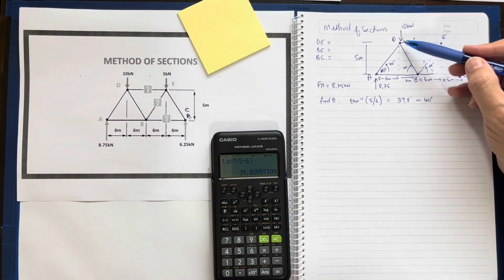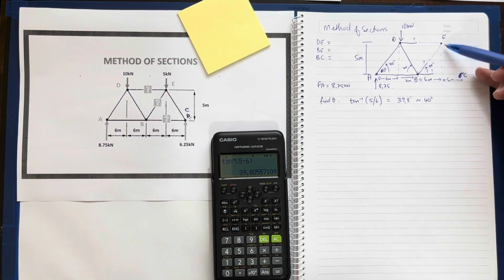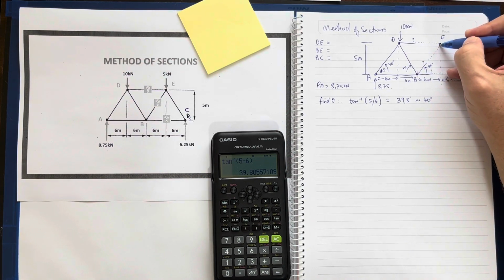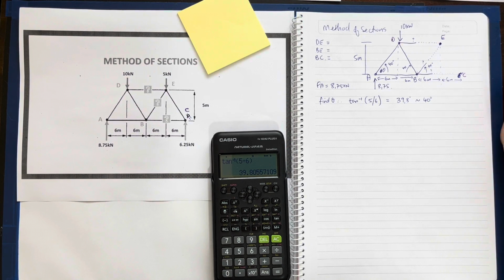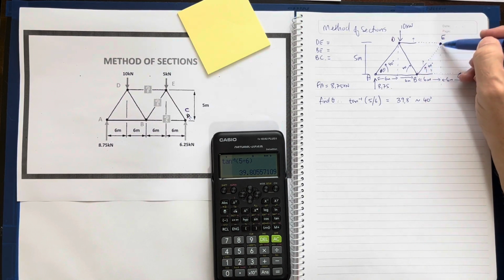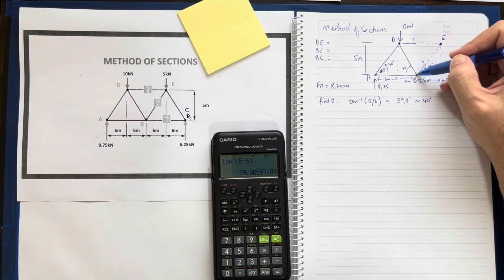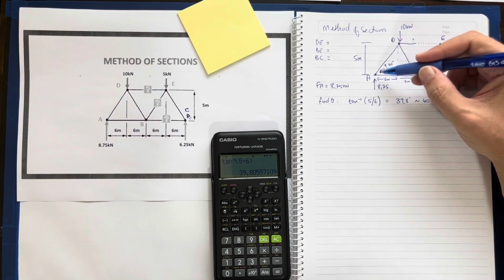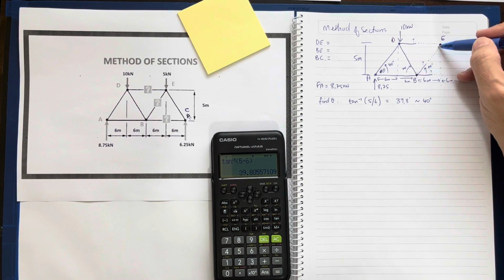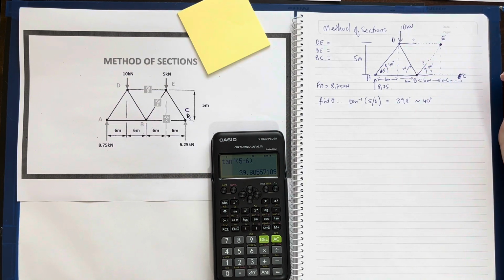So DE and BE connect at this joint, this little ghost joint called now E, and BE and BC join at B. I'm going to use one of those to start with, and I'm going to do moments about that joint.